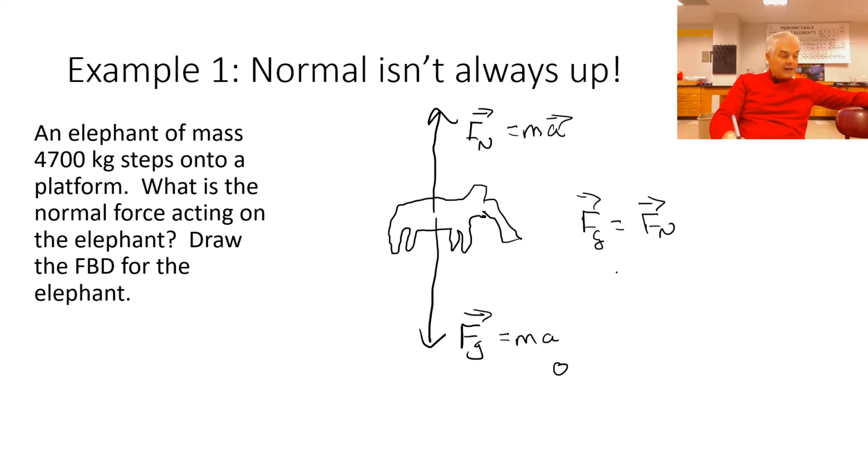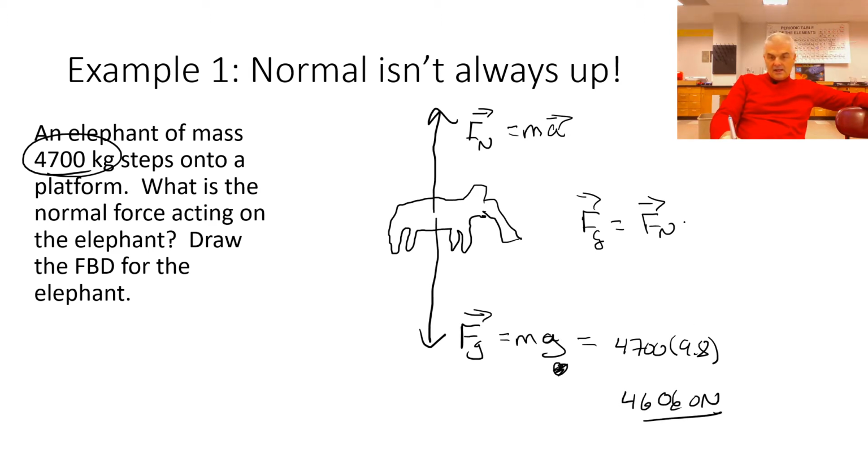So in this case, F of g will be equal, right, to F of n. All right, and we can find out what F of g is. We know his mass. We know that he weighs 4,700 kilograms. And actually, in this case, it's mg, not a, because the acceleration would be the force downward, right? And so we would just say this is equal to 4,700 times 9.8 meters per second squared, and we get 46,060 newtons.